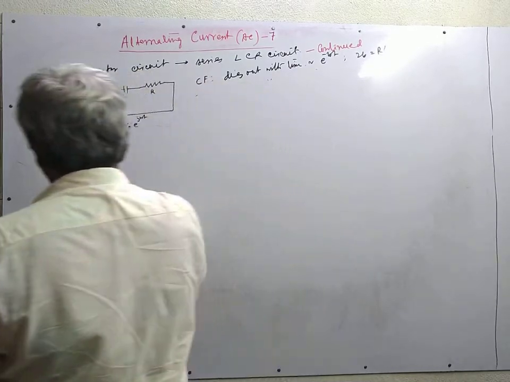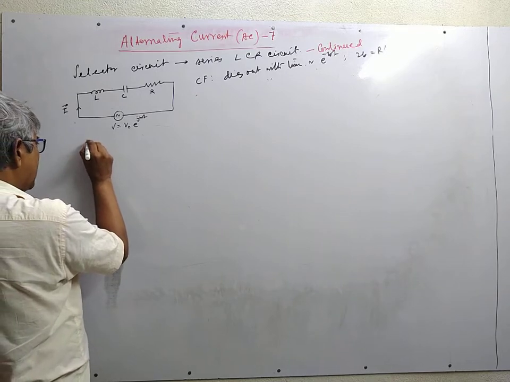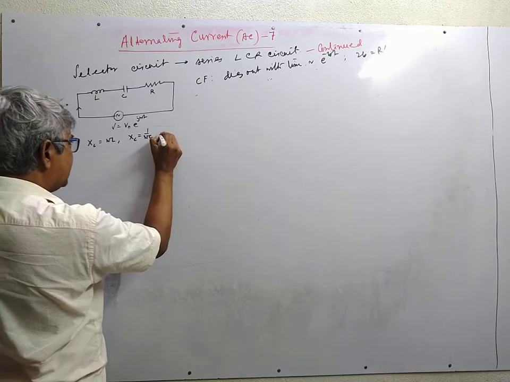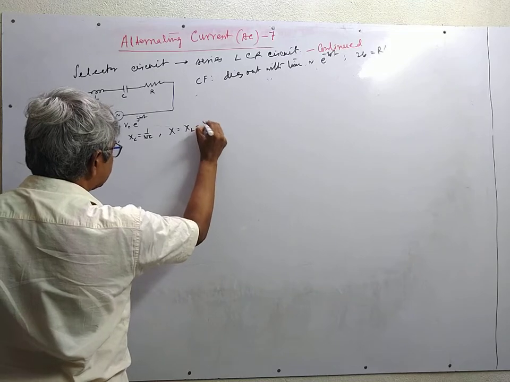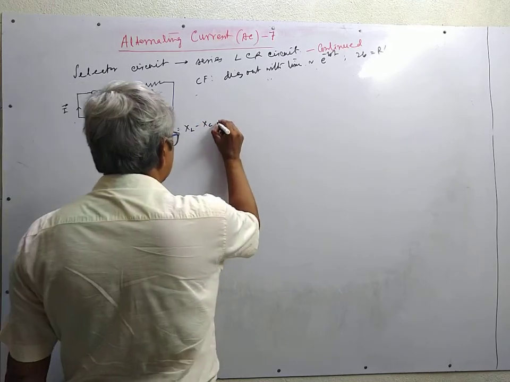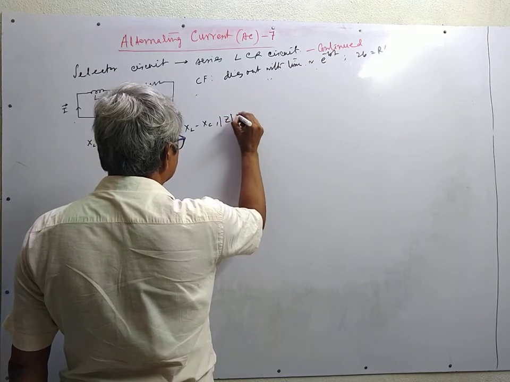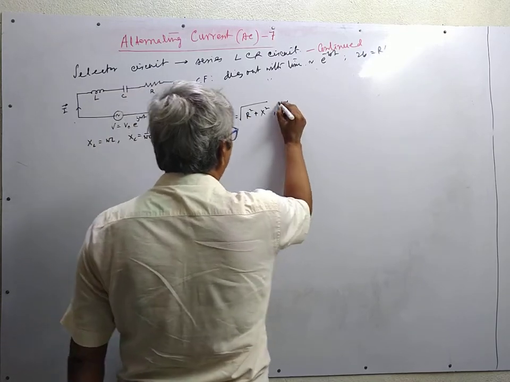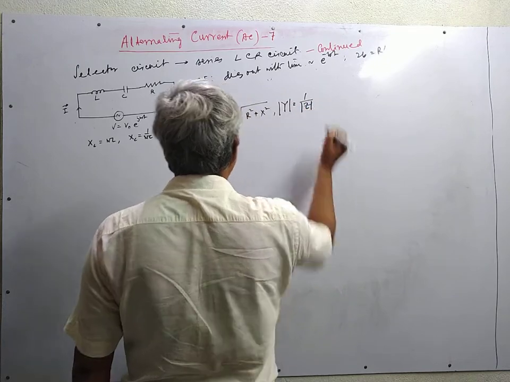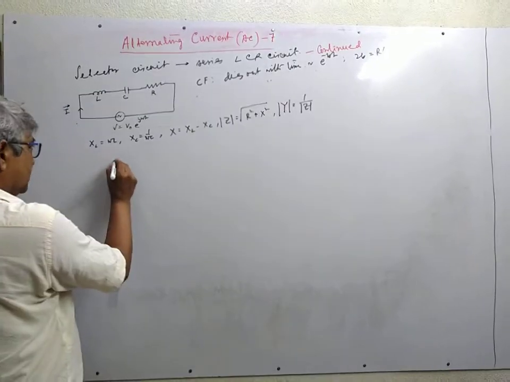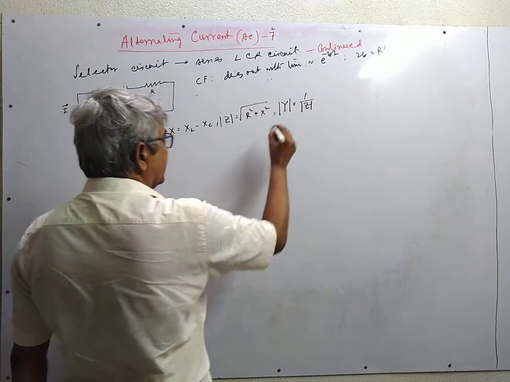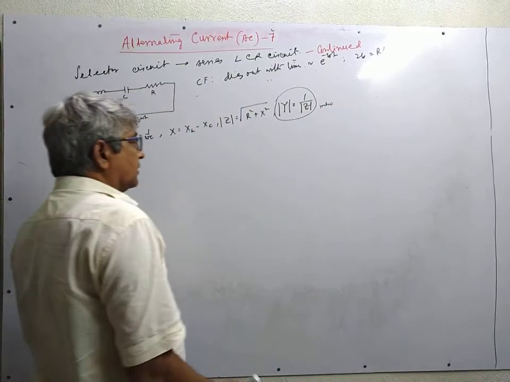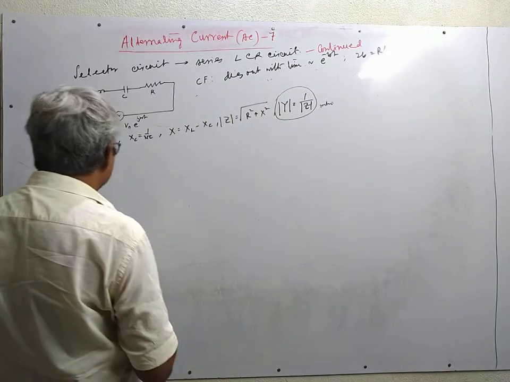The quantities whose variation we are going to show are XL equal to omega L, XC equal to 1 upon omega C, X equal to XL minus XC, mod Z equal to the square root of R square plus X square, and mod Y equal to 1 by mod Z. Y has the dimension of mho, 1 over ohm, and all other quantities have the dimension of ohm.